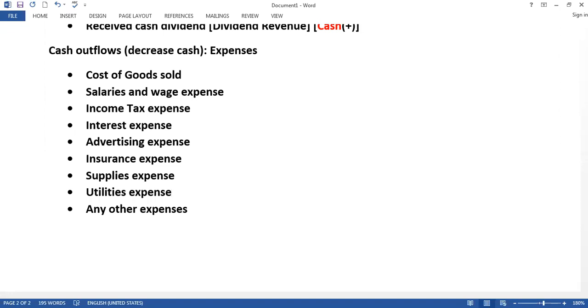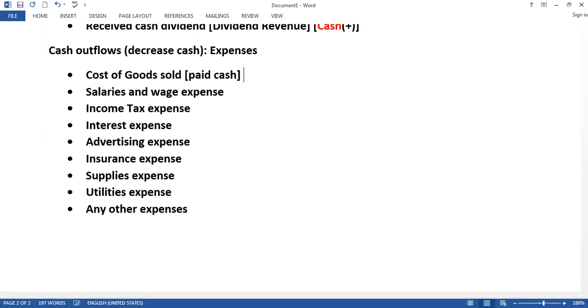Our university can pay this bill maybe 1 month later or 2 months later. So you should know that this expense should be related with paid cash.